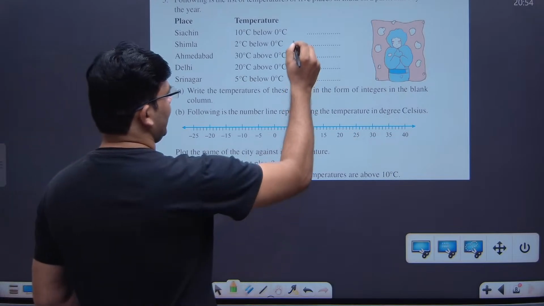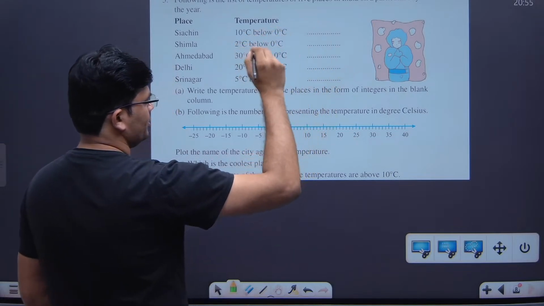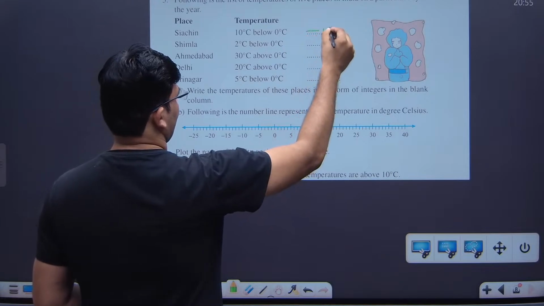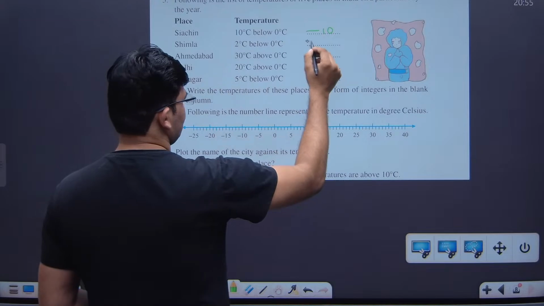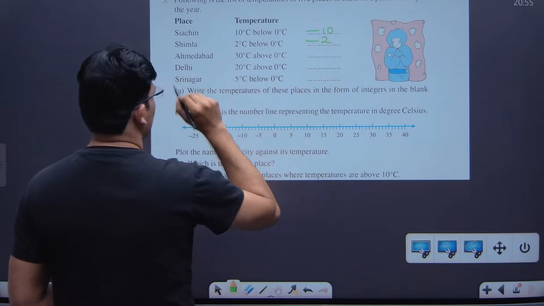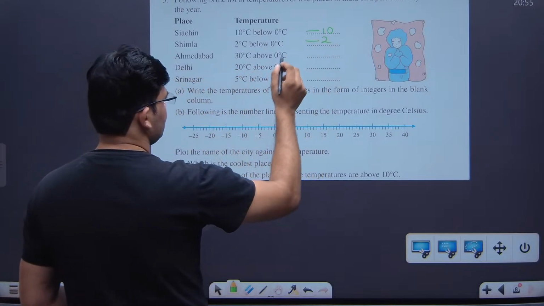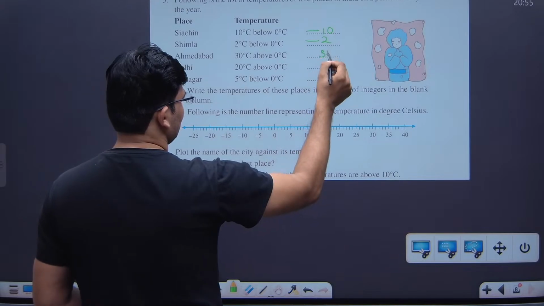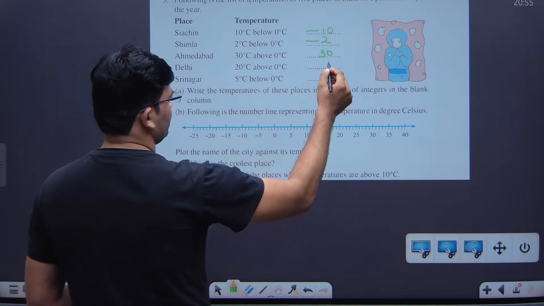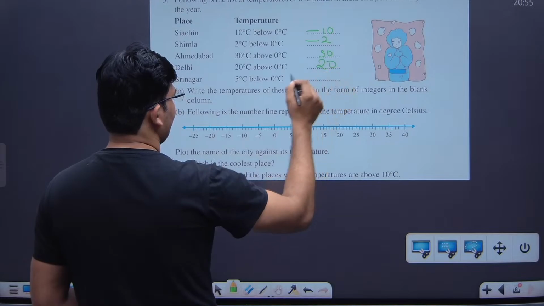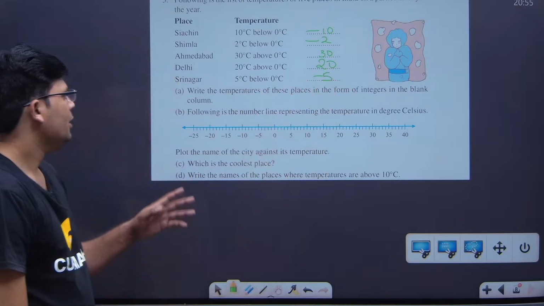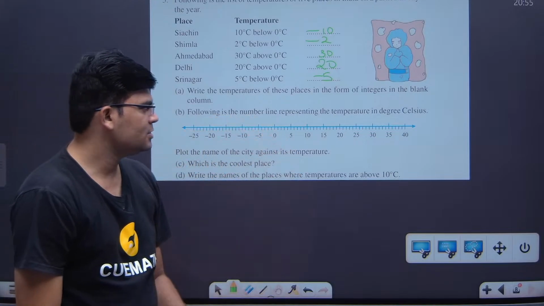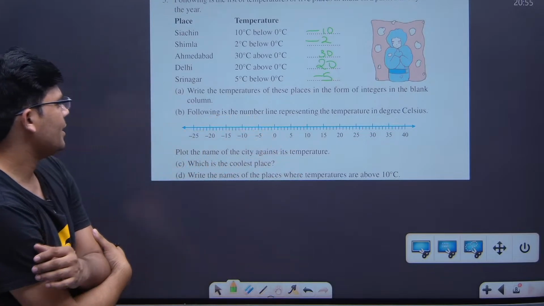So how should I write it as an integer? Negative 10. Shimla is 2 degrees Celsius below 0, means -2. Ahmedabad is 30 degrees Celsius above 0, means 30. Delhi is 20 degrees Celsius above, means positive, and 5 degrees Celsius below means negative. Write the temperatures of these places in the form of integers in the blank column.